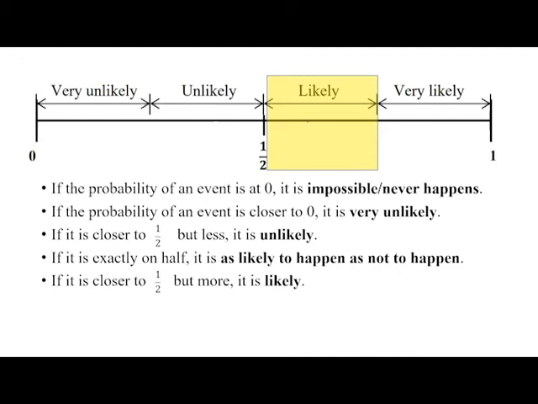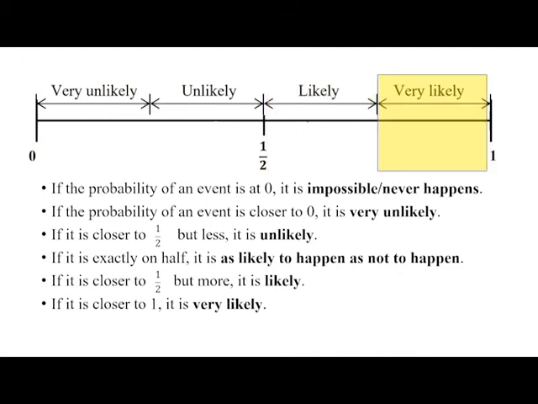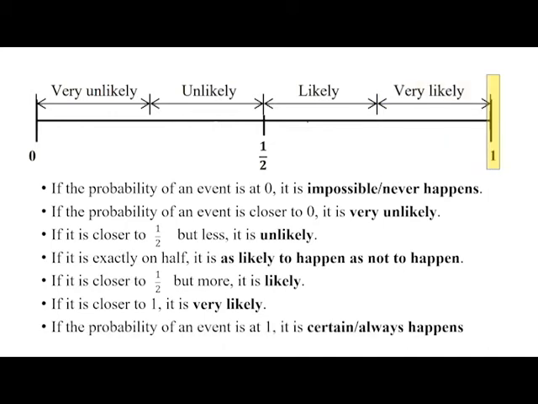If it is less than half, unlikely. If it is more than half, likely. If it is close to 1, it is very likely. If the probability of an event is 1, that means full chance, 20 out of 20, or 10 out of 10 or 5 out of 5, then we call it certain, which always happens.